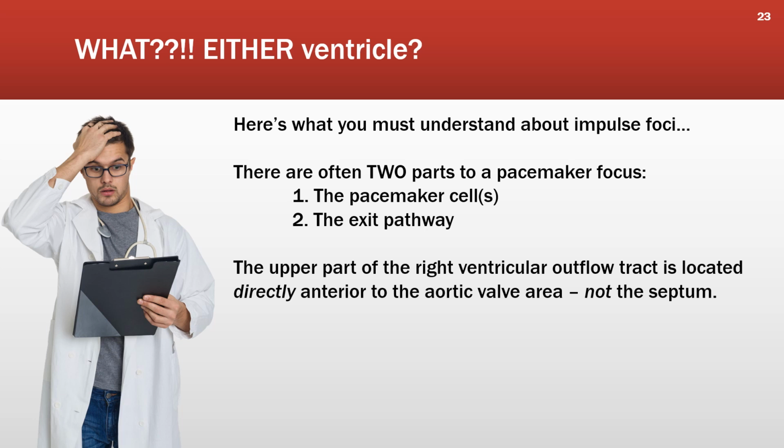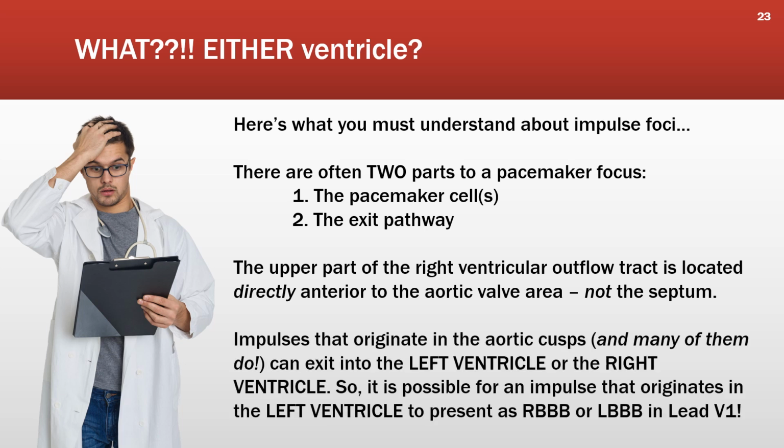Now, the upper part of the right ventricular outflow tract is located directly anterior to the aortic valve area, not the septum. It's located just over the aortic valve area. Now, impulses that arise in the aortic cusps, and many of them do, can exit into the left ventricle or the right ventricle.